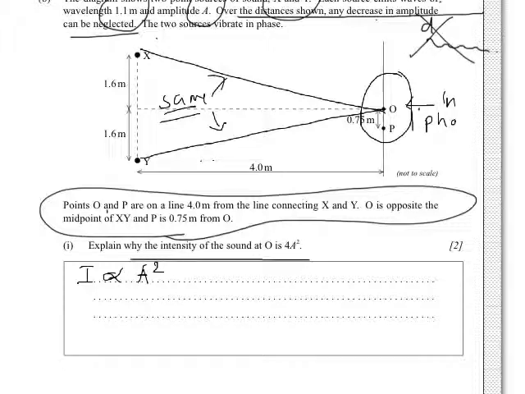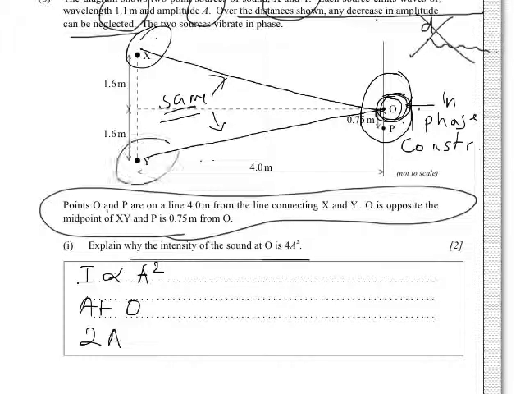And if they're in phase, when you get a maximum amplitude, you'll get two maximum amplitudes. So you're going to get constructive interference. You're going to have the amplitude thanks to X and the amplitude thanks to Y added onto each other.